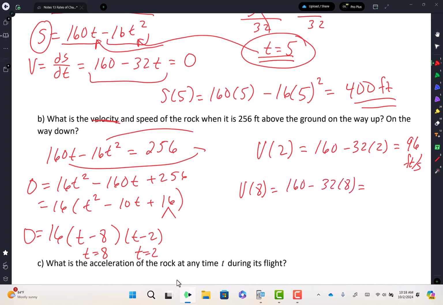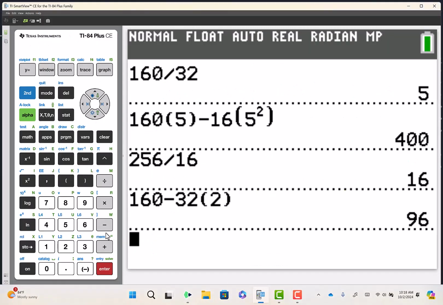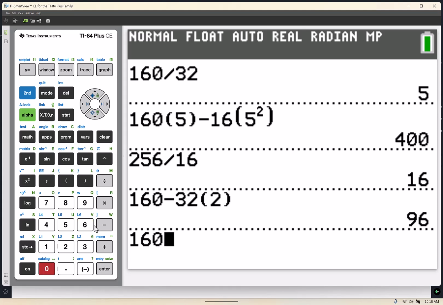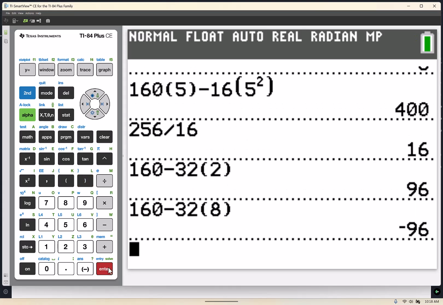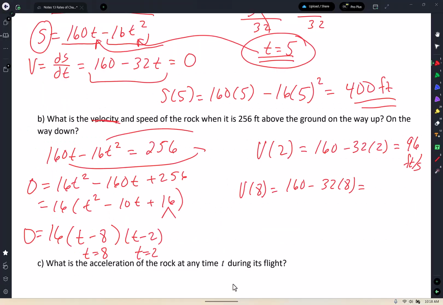It better be the same number because this is symmetric. I started at the ground. So I'm going to go 160 minus 32 times 8. Negative 96. Now, if I would have dropped it from a building, or shot it up and then brought it down, it would have gotten different numbers, because I'm going to the ground from the building and all that.